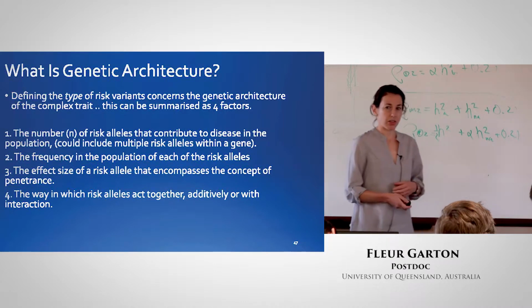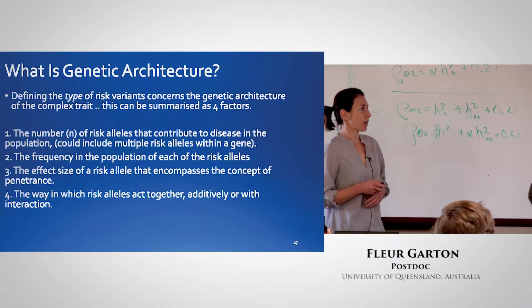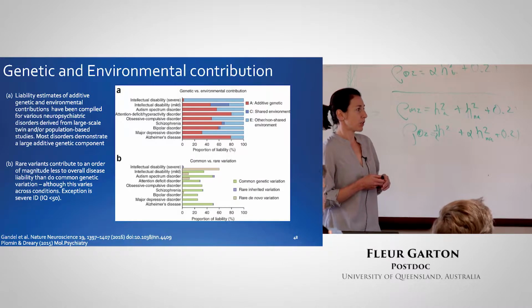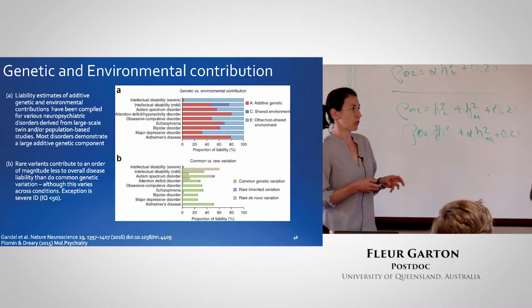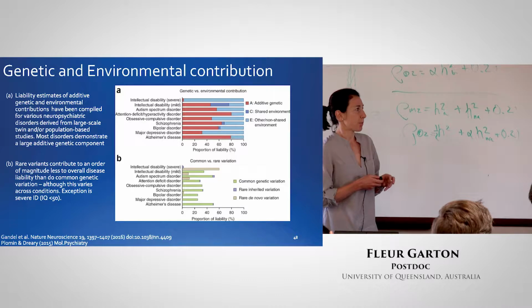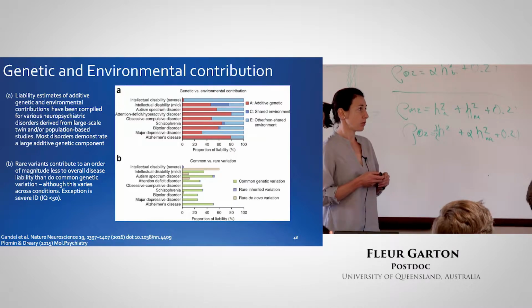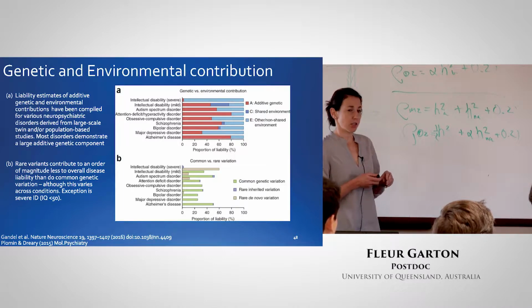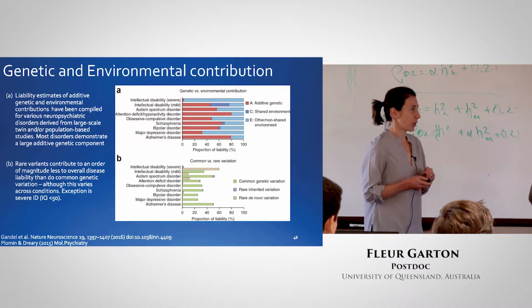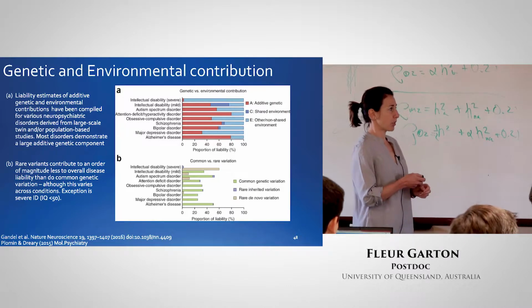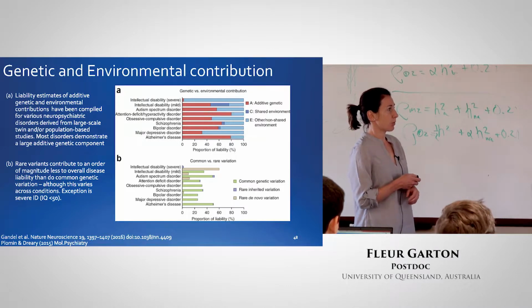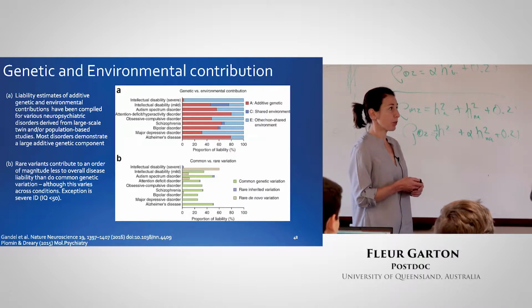So you guys were talking about the ACE model yesterday. This is a paper that looks at different neurological disorders and gives a liability estimate of both the genetic and environmental contributions using this ACE model. So this is from twin and population studies. And so what they've shown here in this first figure is that most of these disorders demonstrate a large additive genetic component, here in red.